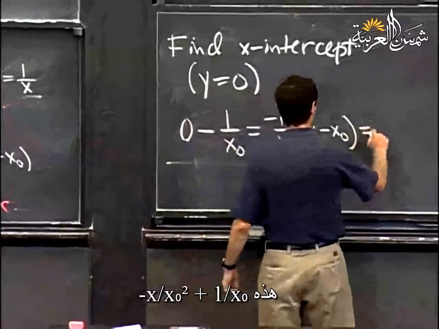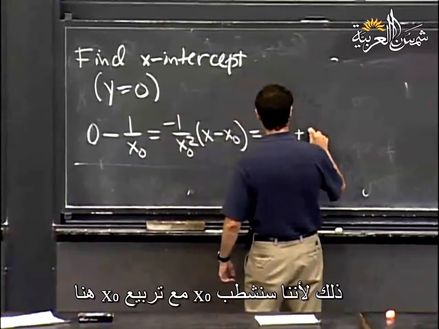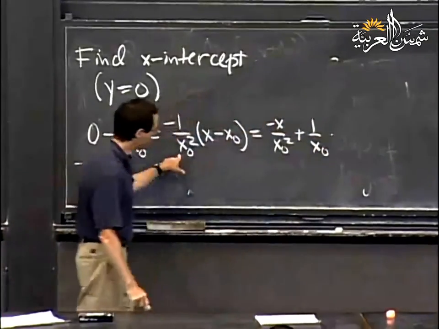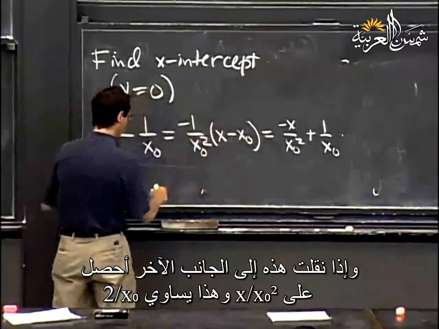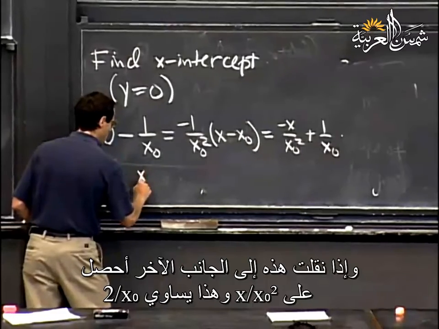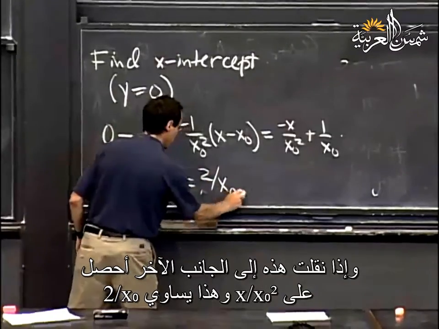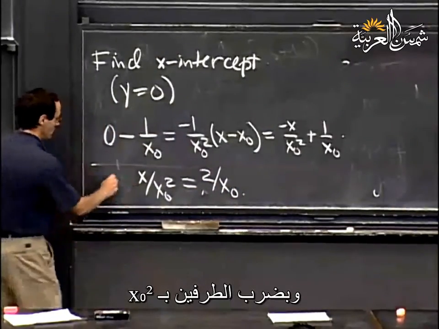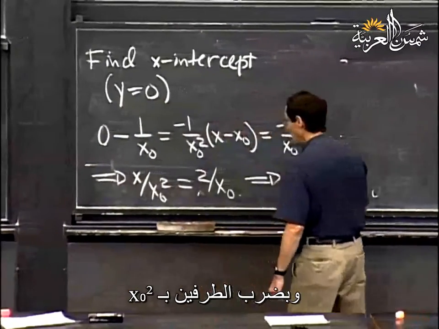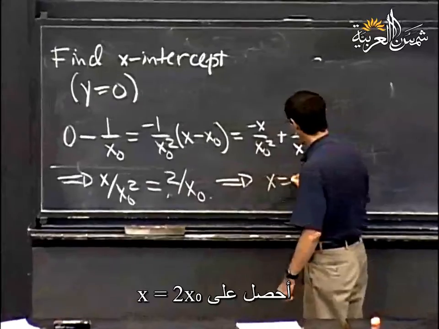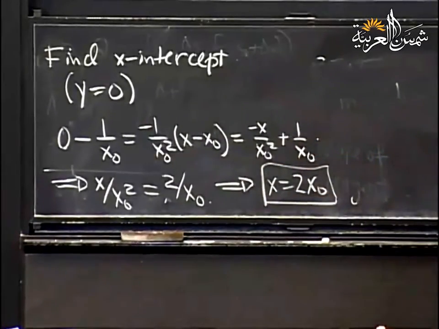Let's see, this is minus x over x0 squared, and this is plus 1 over x0, because the x0 and x0 squared cancel somewhat. And so if I put this on the other side, I get x divided by x0 squared is equal to 2 over x0. And if I then multiply through by x0 squared, I get x is equal to 2x0. Okay.